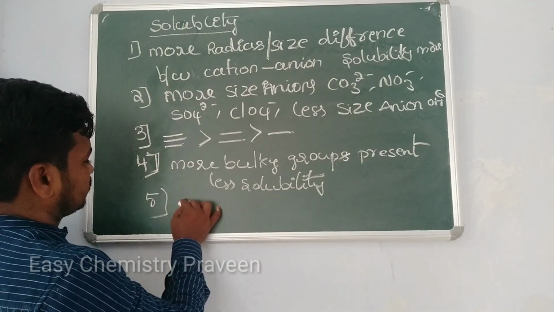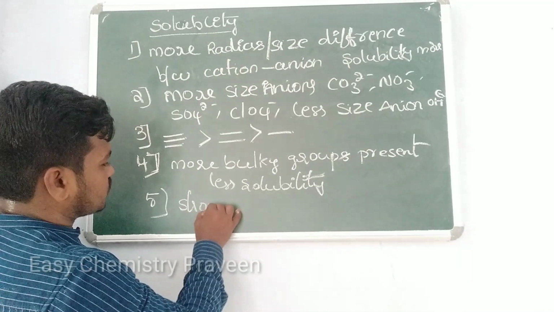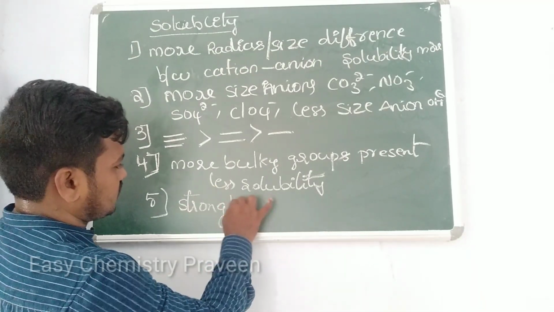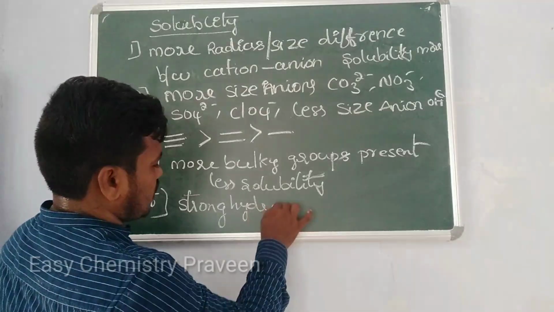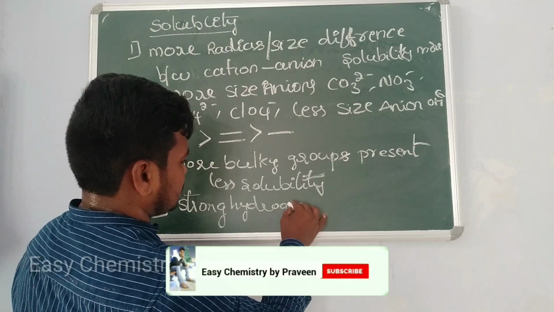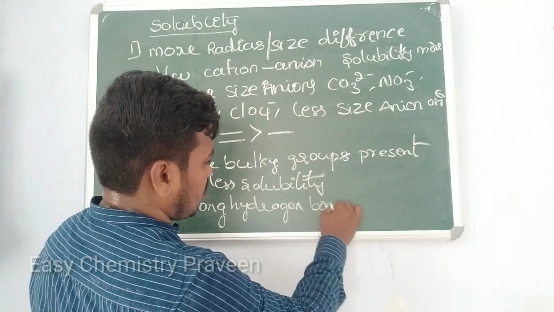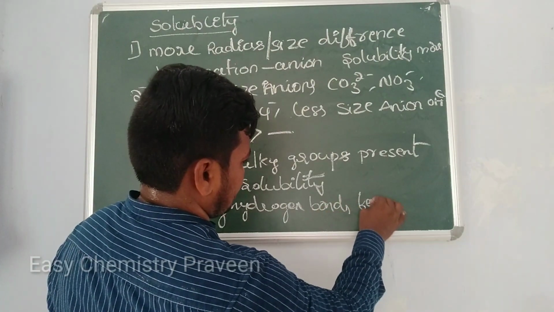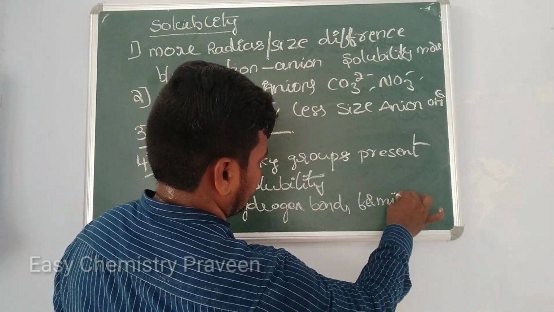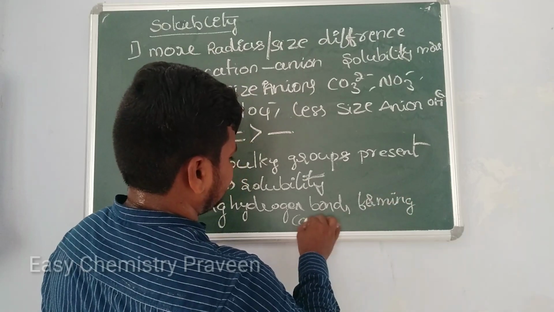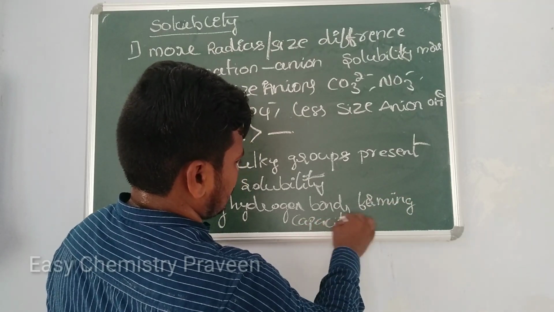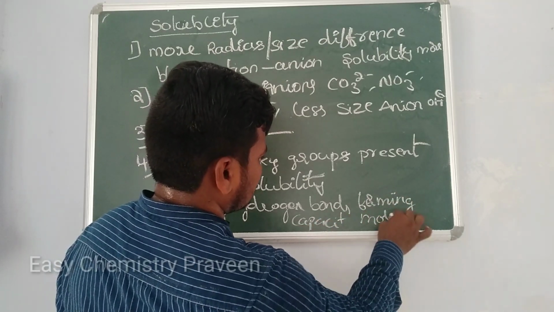Fifth one is strong hydrogen bond forming capacity. If a given compound, atom or ion has the capacity to form strong hydrogen bonds, there will be more solubility.